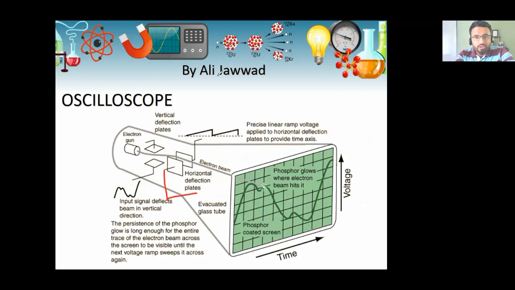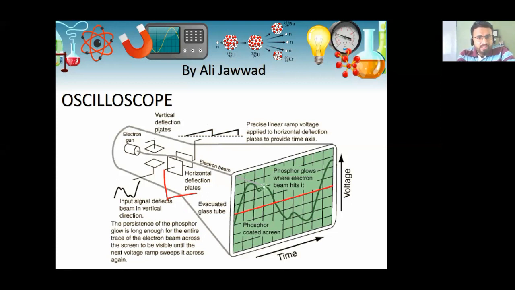So the voltage at 0 seconds is 0, at 1 second it is 1, at 2 seconds it is 2, and so on and so forth. So on the horizontal deflection plates, the voltage increases with time, and the increase in voltage actually behaves as the unit of time. We will discuss it later on in this video.